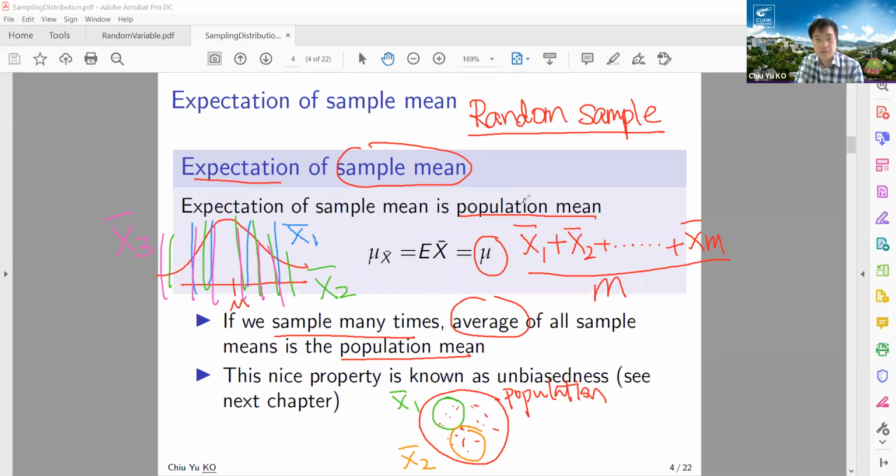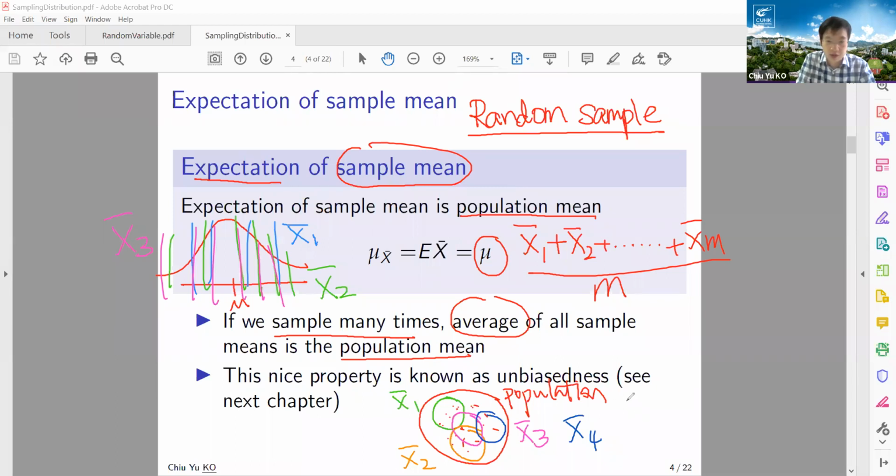Because it is a random sample, you may end up with some overlapping. Here you may get x bar 3, then x bar 4, and you do many of them. The average of these will be the same as the whole population.